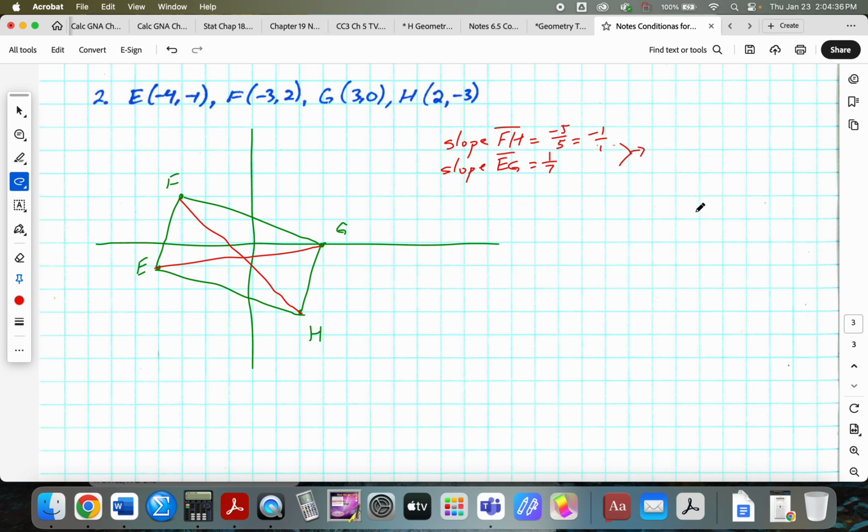Are these perpendicular? No. FH is not perpendicular to EG. So this is not a rhombus.